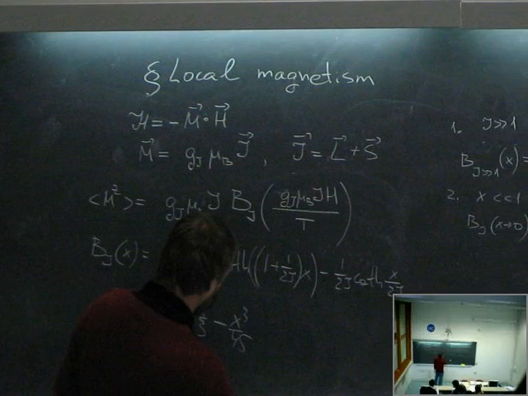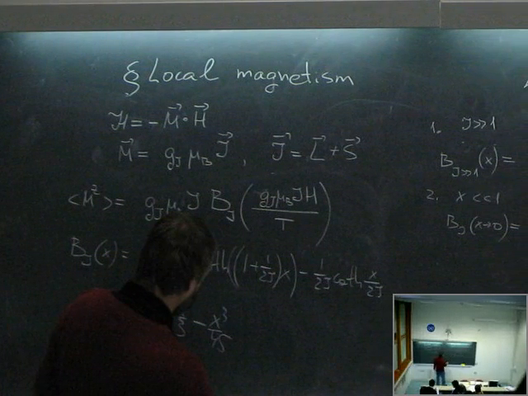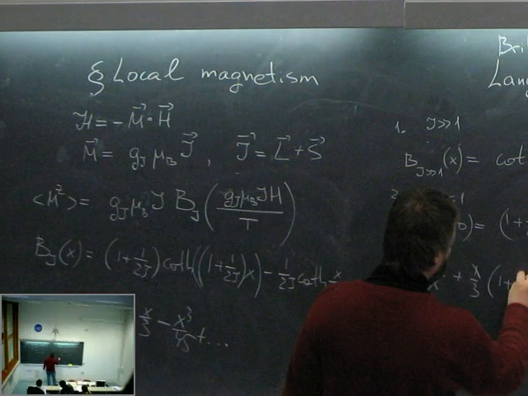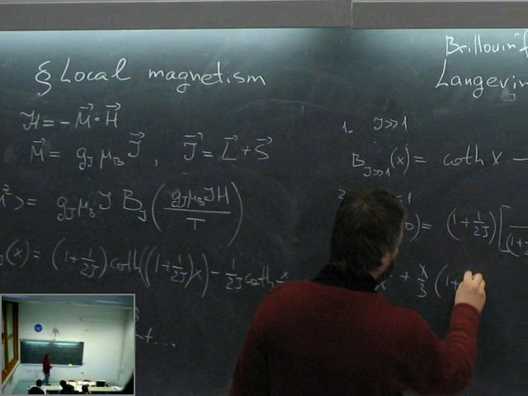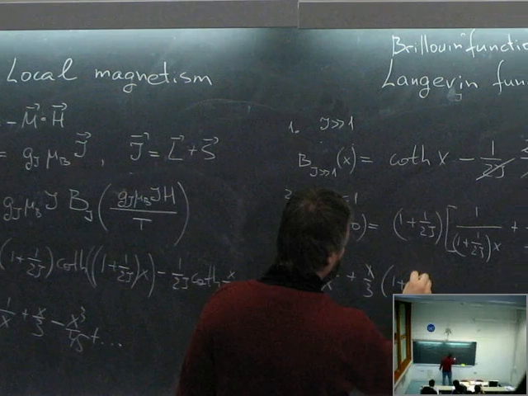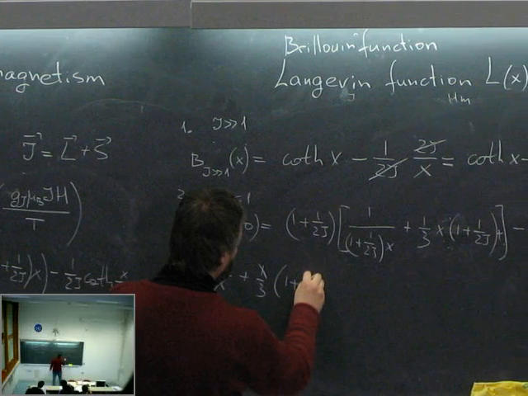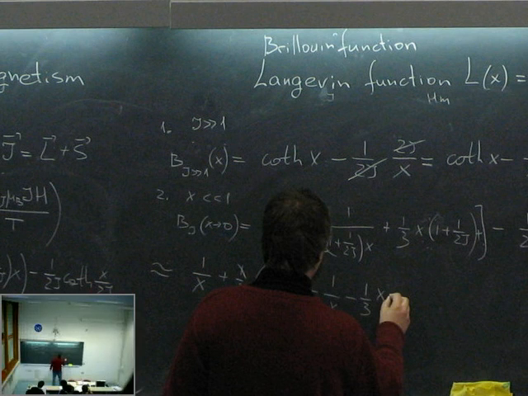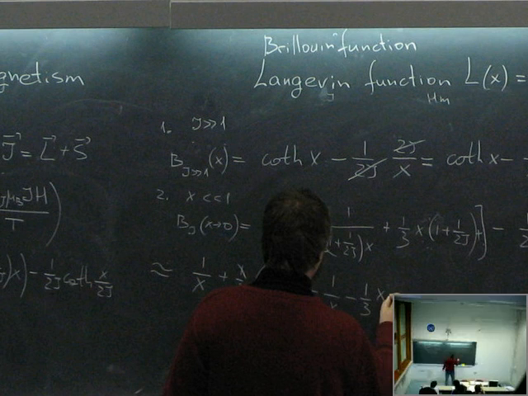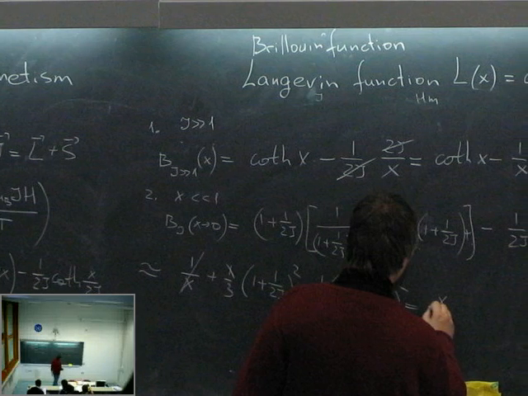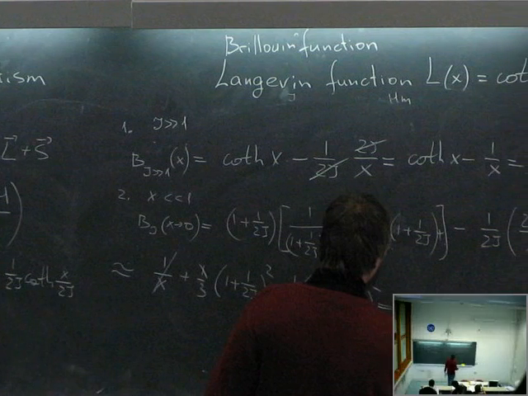So this is approximately equal to 1 over x plus 1/3 x times (1 + 1/2j) squared, minus 1 over x plus 1/3 x times (1/2j) squared. 1 over x and 1 over x cancel each other, so we have x over 3, and here we need to collect these two terms.